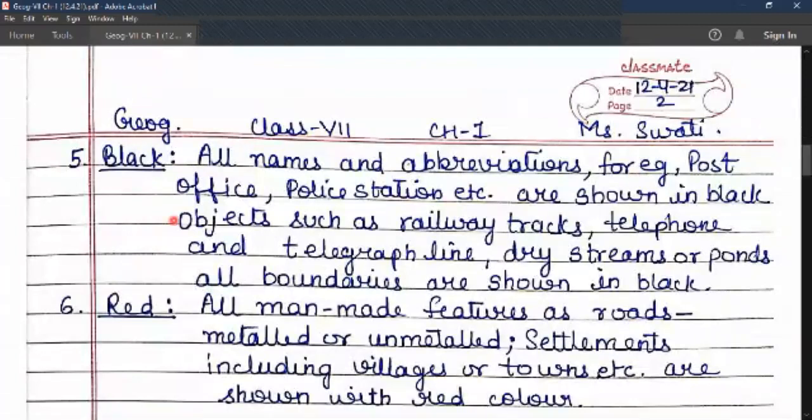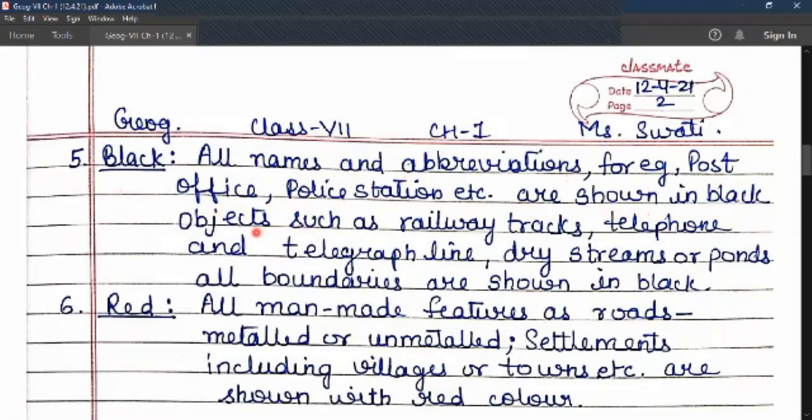Next is black. All names and abbreviations, for example, post office, police station, etc., are shown in black.